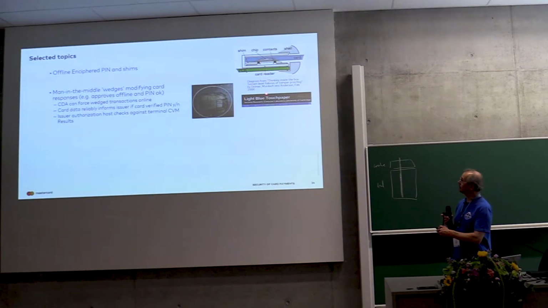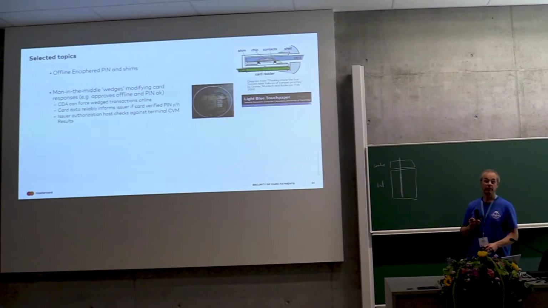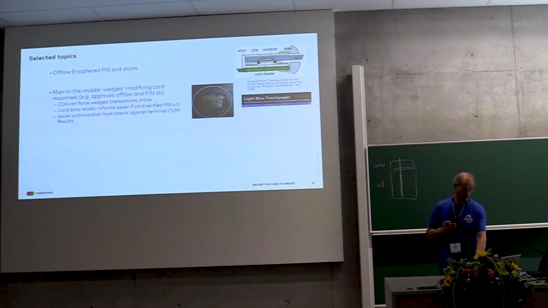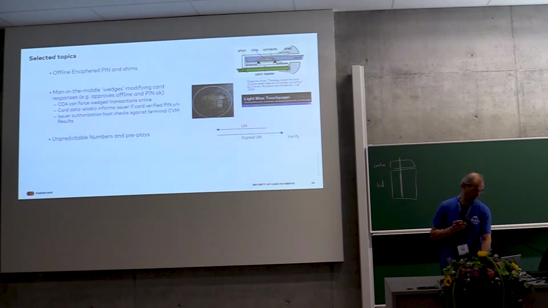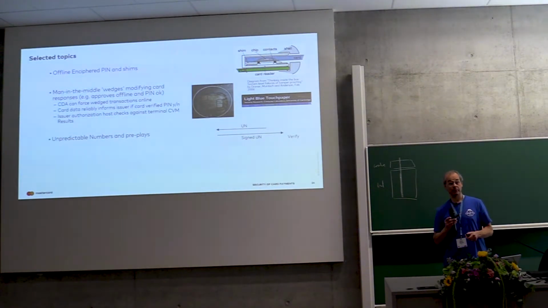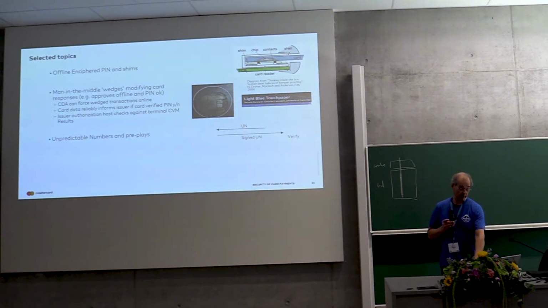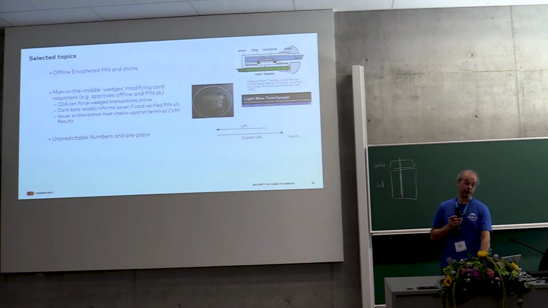A lot of this research is done at Light Blue Touchpaper. I noticed a reference to it in an earlier talk today. If you search there, you can find quite an interesting collection of research, also including unpredictable numbers and pre-play attacks. The reason why we have an unpredictable number in the EMV protocol is to make sure the cryptograms are fresh.